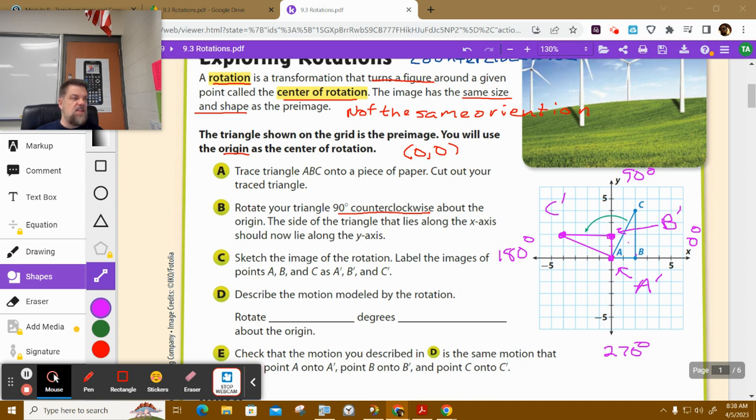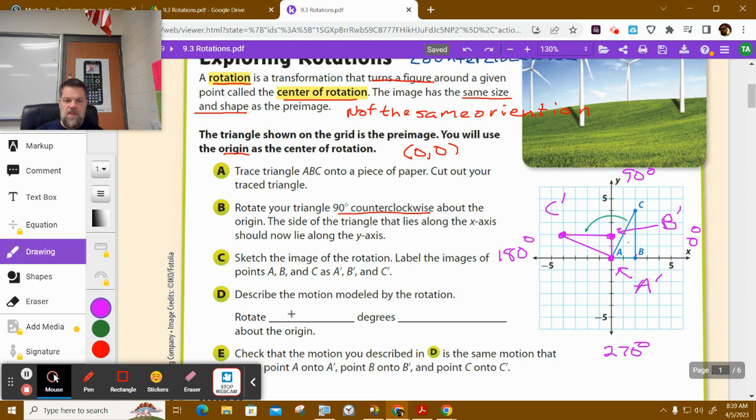So now that we've sketched the image, describe the motion modeled by the rotation. What words would you use to describe that? Rotate what? 90 degrees. Well, we can't say left or right. We have to use the terminology they gave us. Counterclockwise, good.